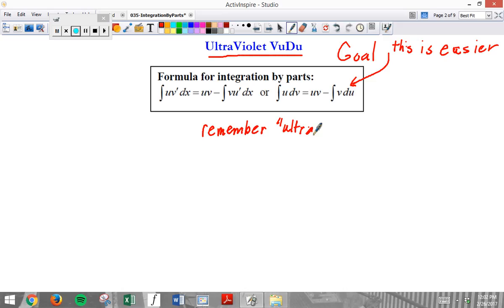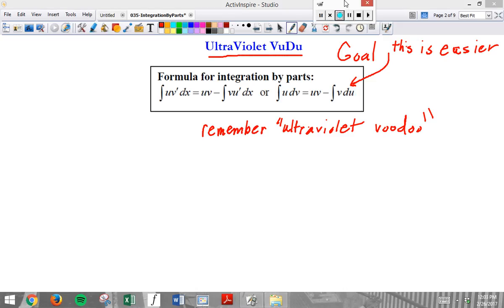You'll see it on sunblocks, UV protection. And then that kind of looks like voodoo. And that's just a mnemonic, a memory technique to remember the formula. Ultraviolet minus integral voodoo. Or ultraviolet voodoo. This is usually enough to get you guys going. You guys have some capacity to memorize. Alright.